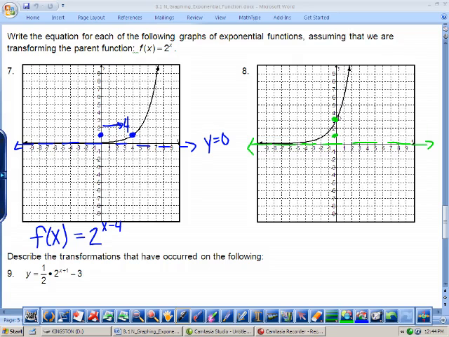So instead, what's another way you can stretch something from (0, 1) to (0, 3)? A vertical stretch by what? By 3. Because you take the point (0, 1), you multiply your y value of 1 by 3, and that gives you (0, 3). So your equation should be f(x) equals 3 times 2 to the x power.